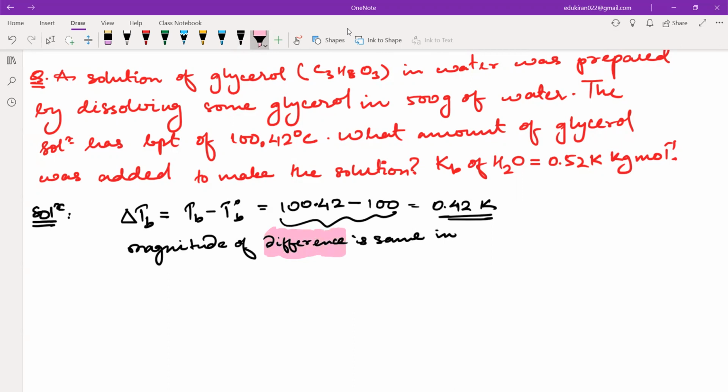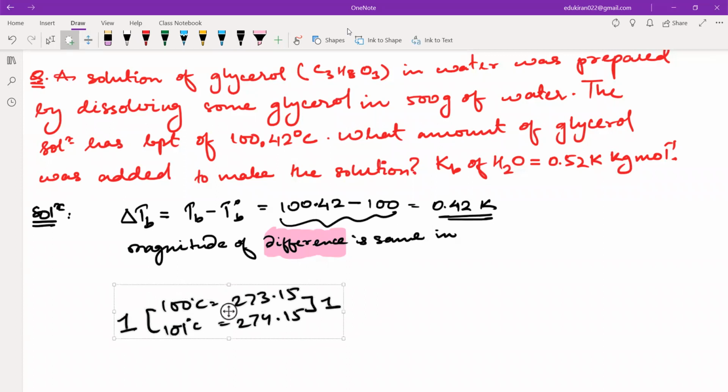In absolute terms, it will be different. That means if you have 100 degrees Celsius, it will be 373.15 Kelvin. 101 degrees Celsius is equal to 374.15. In both the difference is 1. So please remember that magnitude of difference is same in Kelvin and degree Celsius.